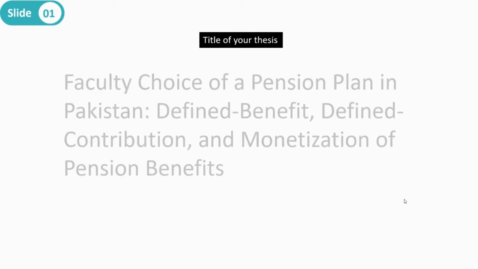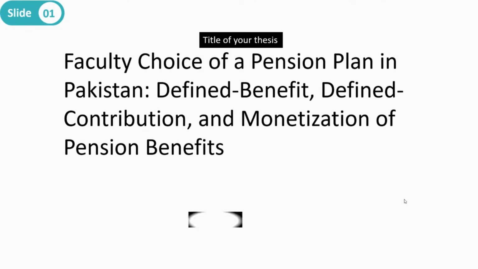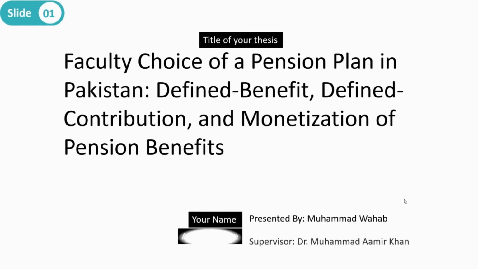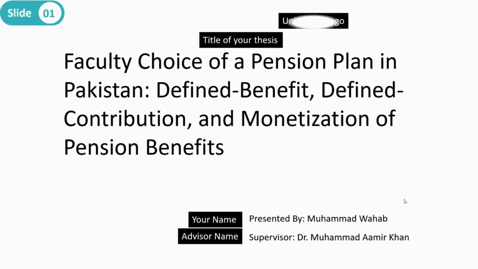The title slide should include the title of your thesis, your name, and your advisor or your research thesis supervisor name. Also, add the university logo or institution logo for a professional touch.